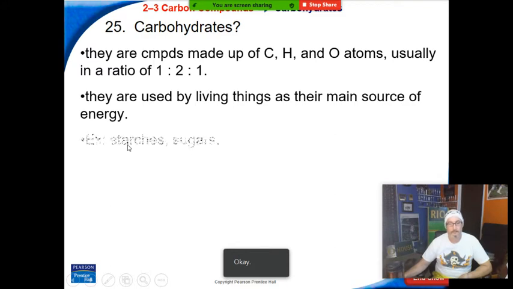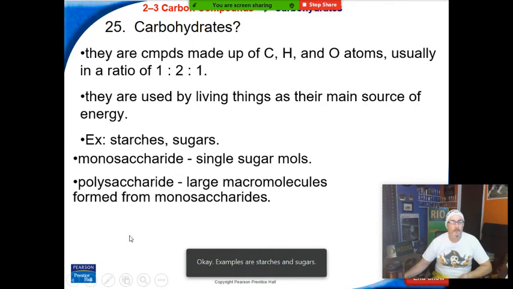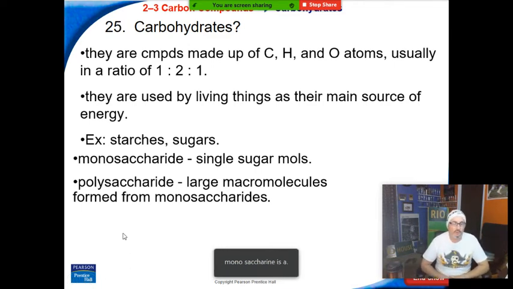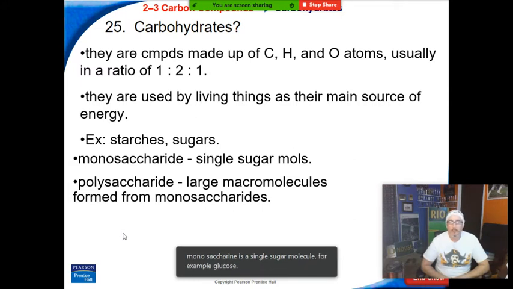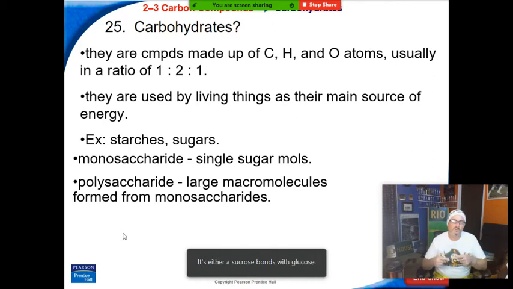All right. Okay. Examples are starches and sugars. Monosaccharide is a single sugar molecule. For example, glucose or fructose. I believe sucrose forms when fructose bonds with glucose.